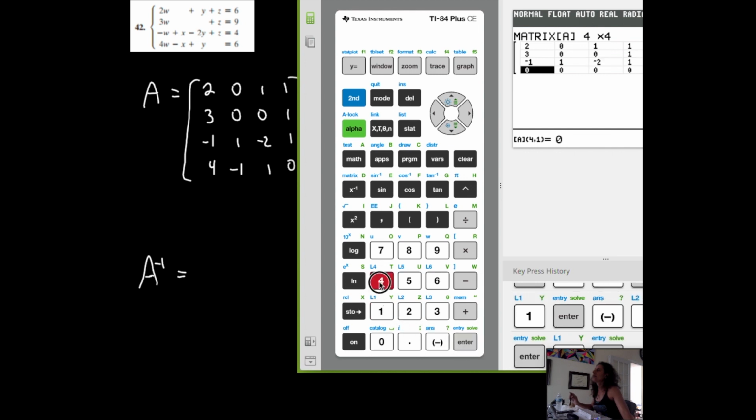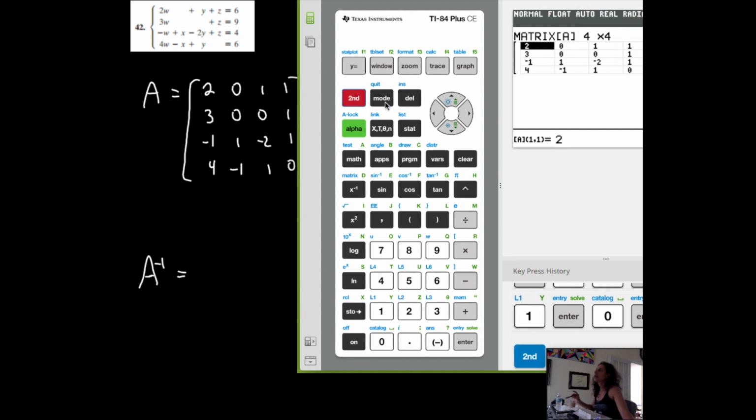And then row 4, 4, negative 1, 1, 0. Then double check, make sure I didn't put anything in wrong, because otherwise you're solving the wrong system. Okay, so this is my matrix A, 4 by 4 matrix.